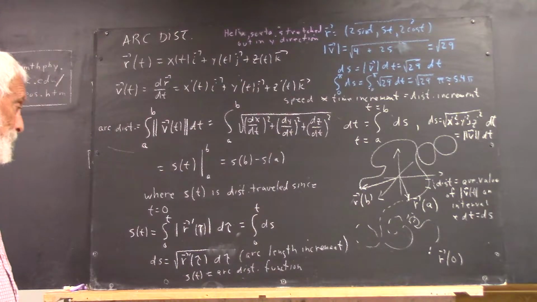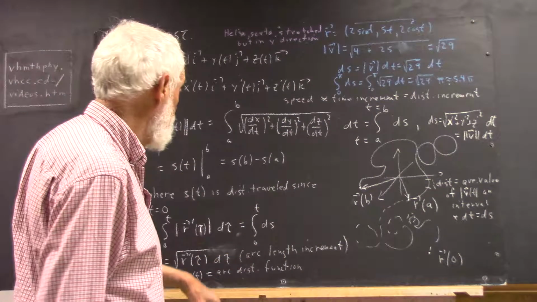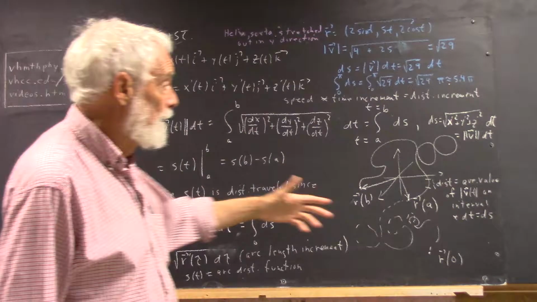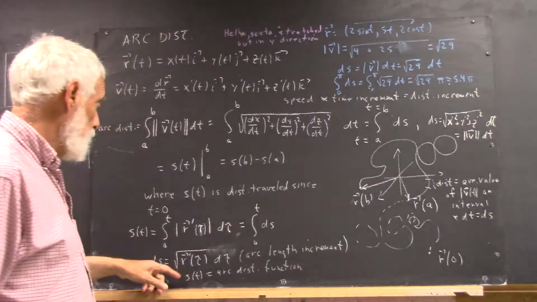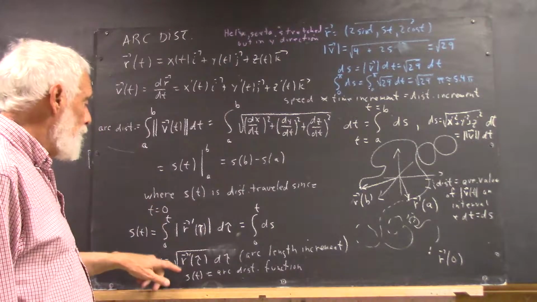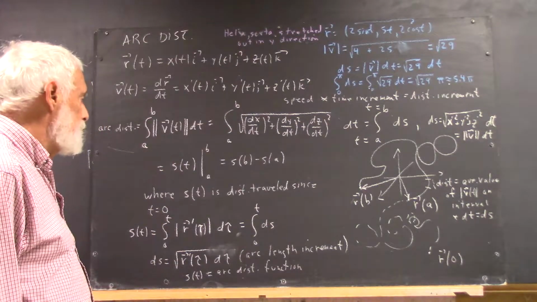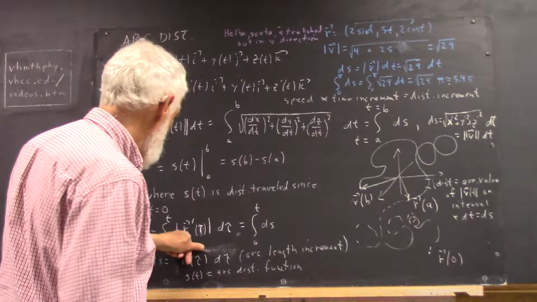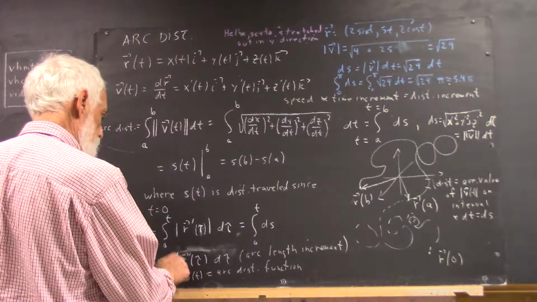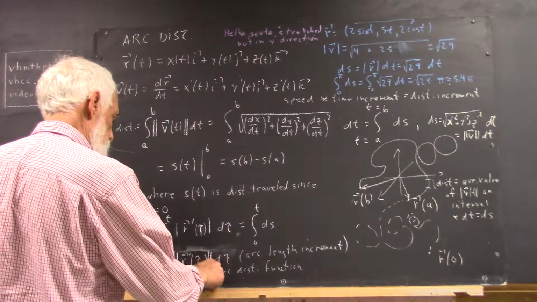Okay. Again, this is your arc length increment. Now I wrote your arc length increment as this, and down here I wrote it this way, but of course I've got the square root when I should have the magnitude. I really got to find a way to get around doing so much of that.